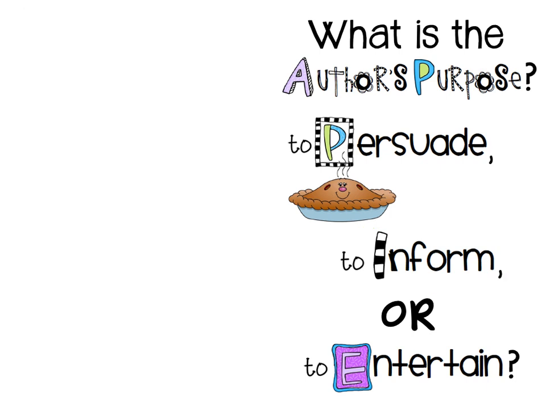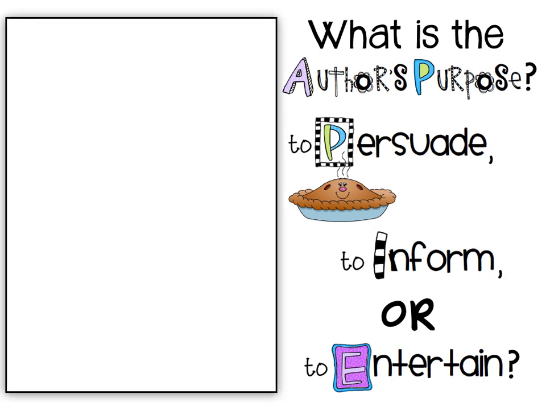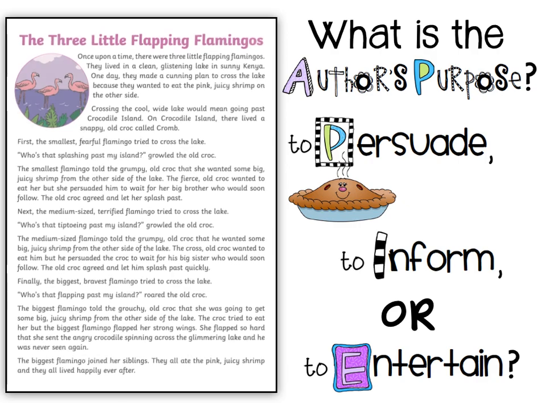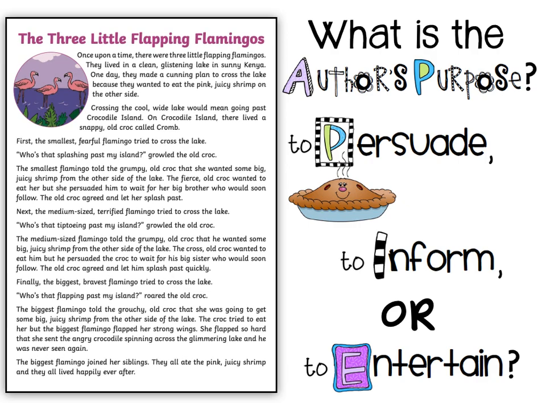Okay, one more. Our last text is titled The Three Little Flapping Flamingos. Once upon a time, there were 3 little flapping flamingos. They lived in a clean, glistening lake in sunny Kenya. One day, they made a cunning plan to cross the lake because they wanted to eat the pink, juicy shrimp on the other side. Crossing the cool, wide lake would mean going past Crocodile Island.